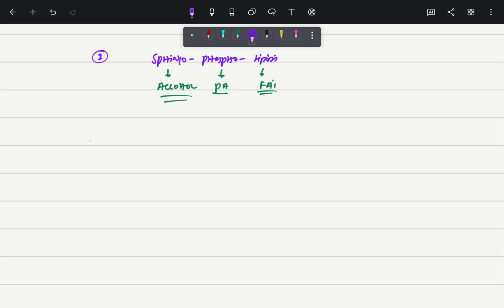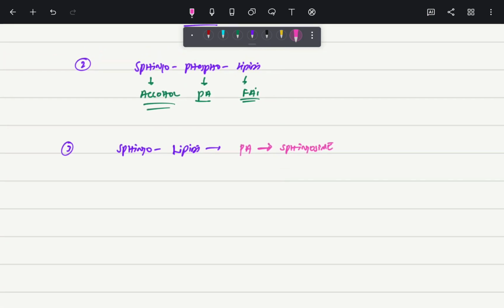The third one is sphingolipids. As the name suggests, in sphingolipids the phosphoric acid is esterified into sphingosine.